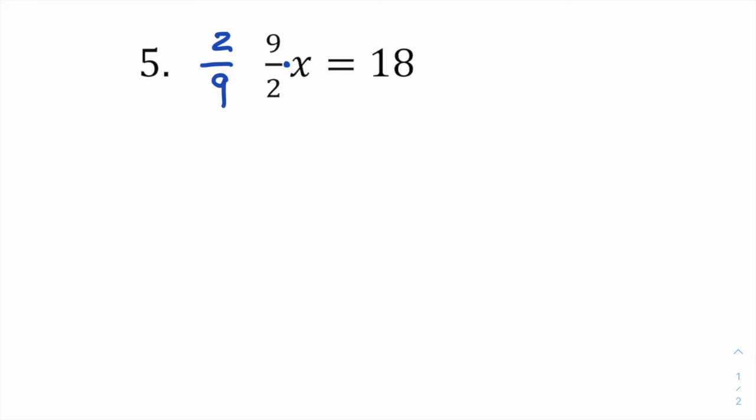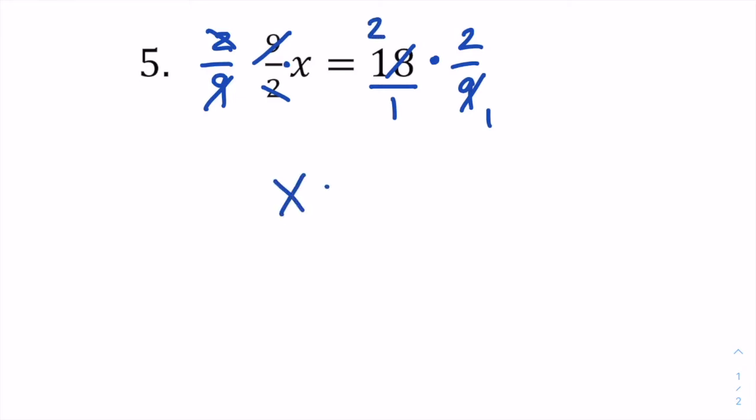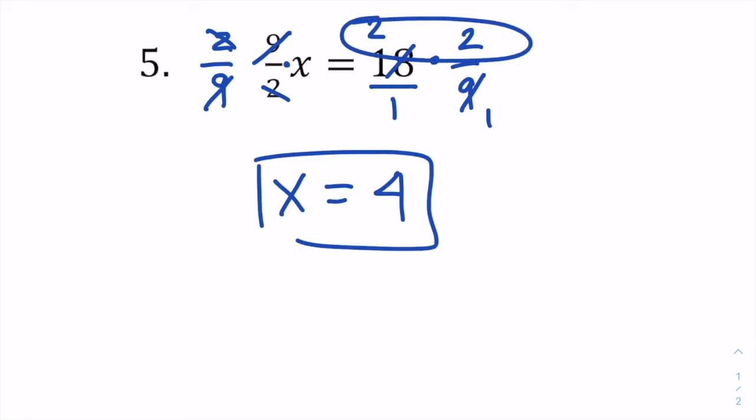Why is this going to help? 2 will cancel with 2 and 9 will cancel with 9, so all we'll be left with is x. So we're going to go ahead and multiply by 2 9ths on the other side. I'm going to make 18 into a fraction as 18 over 1. And look, we can do some canceling before we multiply. 9 goes into 9 once, 9 goes into 18 2 times. So after all that, x is simply equal to 4. The 2 times the 2 in the numerator.